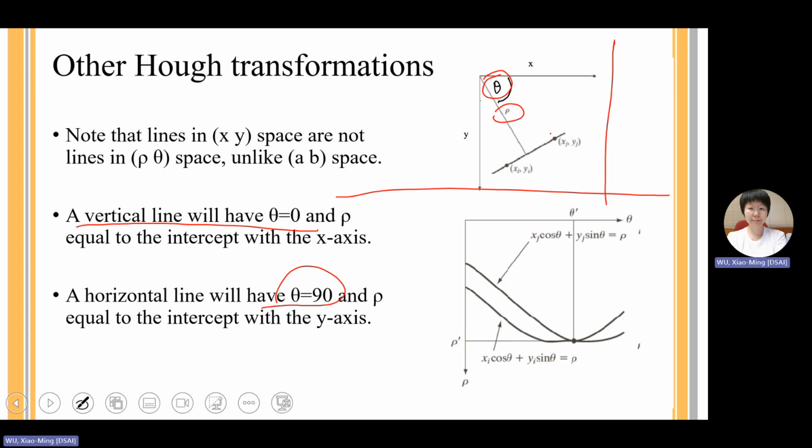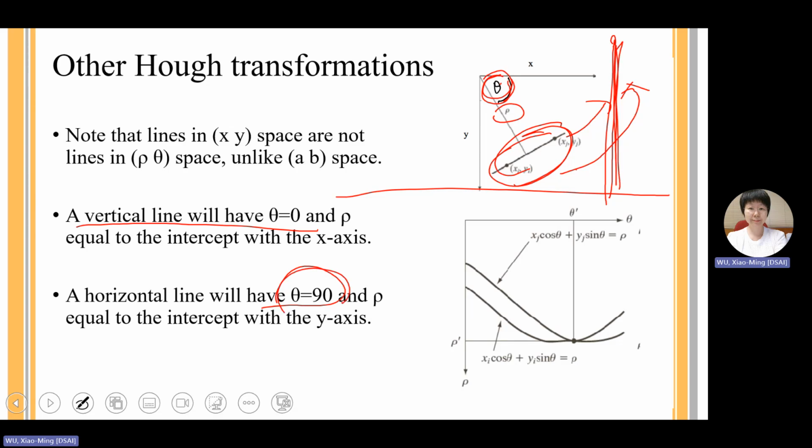You can imagine we rotate this line to the vertical line, then theta will get smaller. We rotate this counterclockwise, and this line will become vertical, and theta will become smaller and go to 0. So when theta goes to 0, it represents a vertical line.